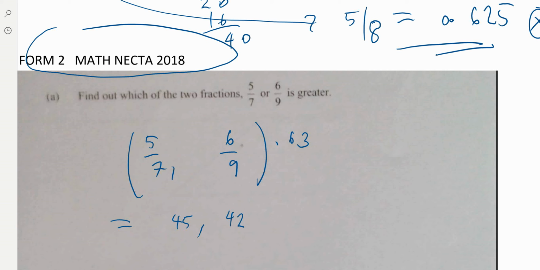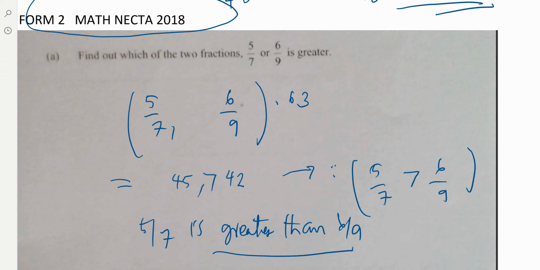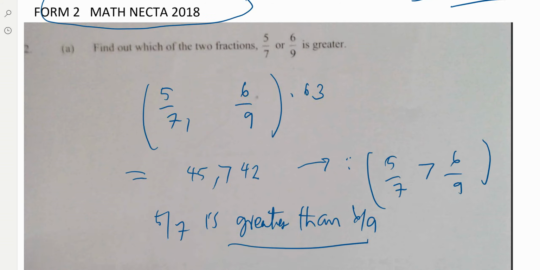Basically, you know that 45 is greater than 42. So we can say that 5 over 7 is greater than 6 over 9, dear students. So that was 2018 question number 2A.